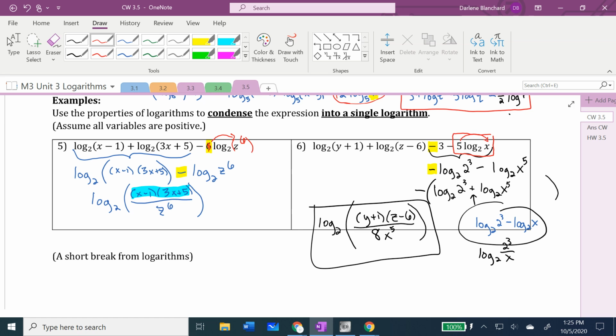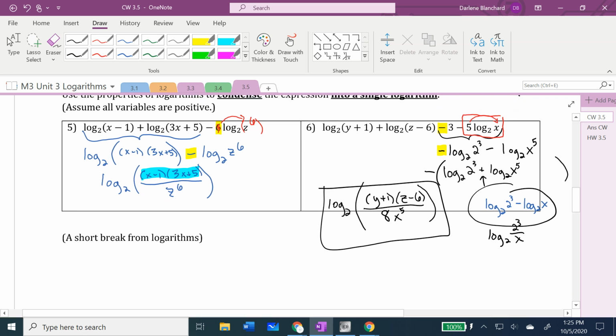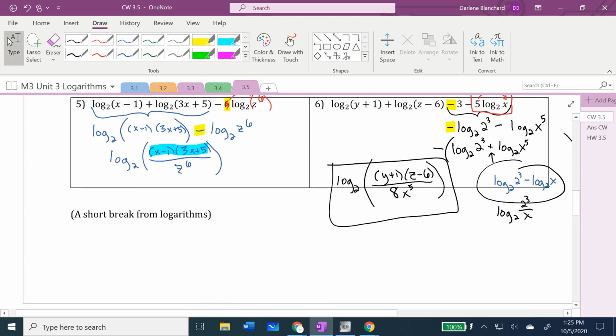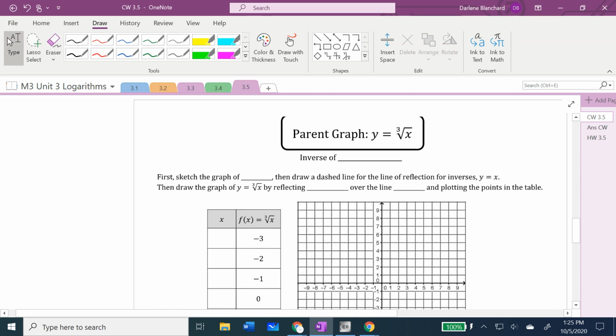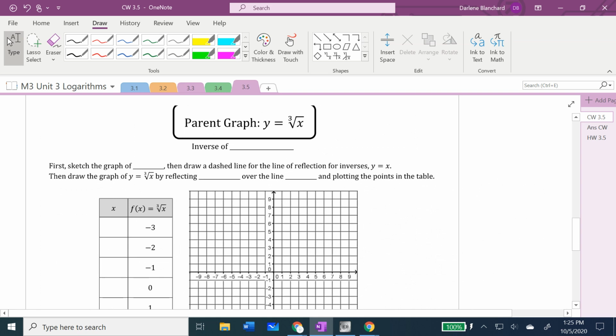Okay. So I'm guessing that right about now, a short break from logarithms sounds good, right? That's why I threw this in there. I had saved a couple of graphs for now. So let's get off logarithms for a minute, shake it out of your head. And we are literally going to need to talk about what we just did all week long.